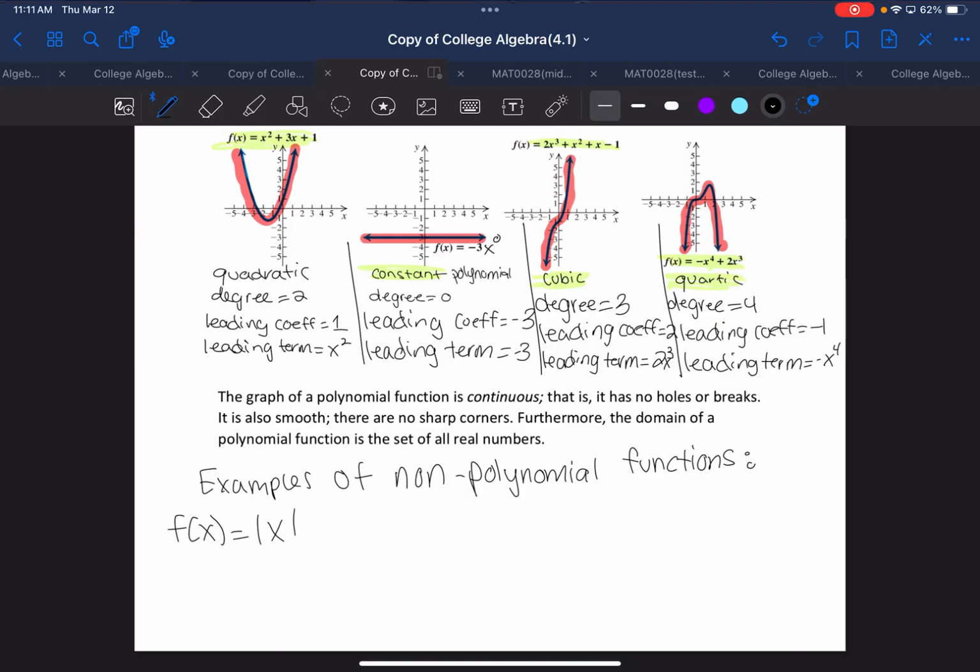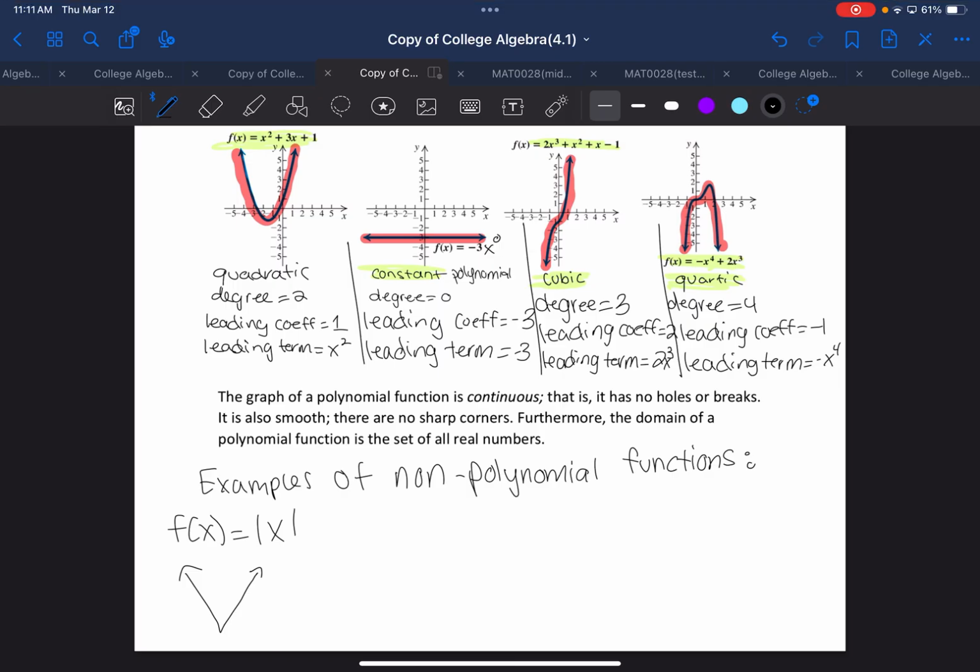Remember that this function had a sharp point. It always looked like a V. This would not be a polynomial function because it's not smooth because of that sharp point that makes the V. Smooth means it's curvy, or a straight line, but no sharp points.